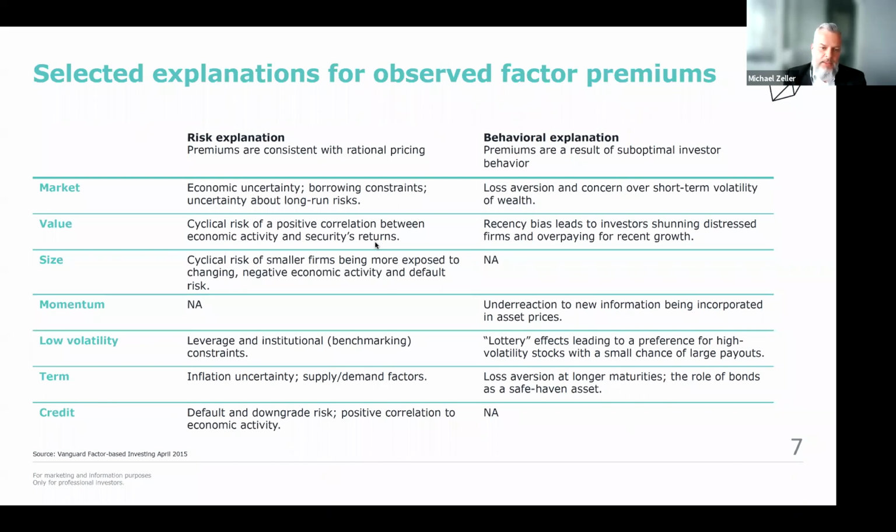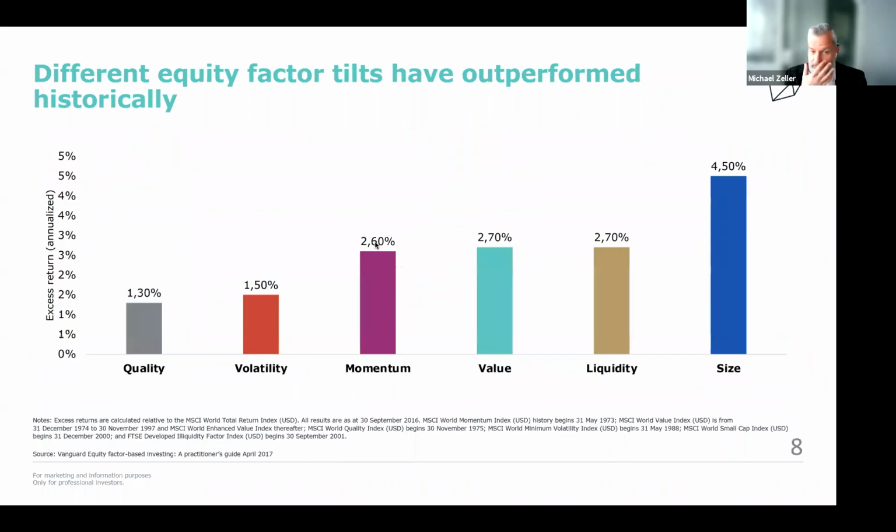So on the next slide, we are talking about some well-known factors, like quality, volatility, momentum, value, and so on. And you see all these factors really have a tendency to deliver excess returns to the broader equity markets. But what you can also see, for example, if you take liquidity and size, because I argued before that size might just refer to the liquidity risk, that means, of course, that liquidity and size are strongly correlated.